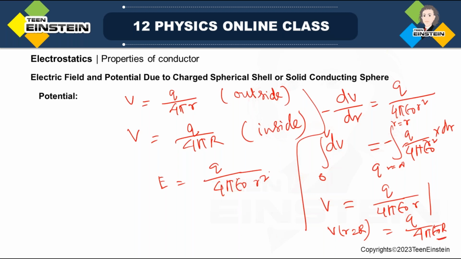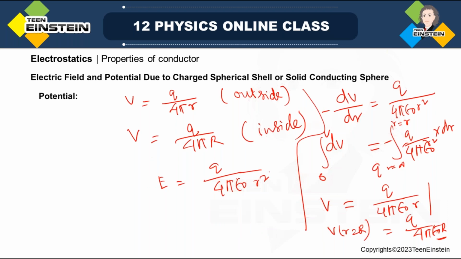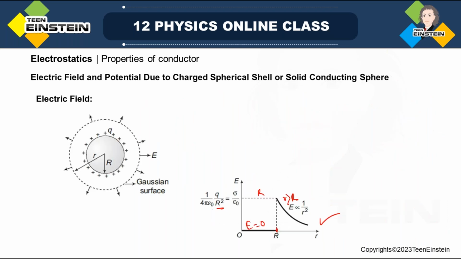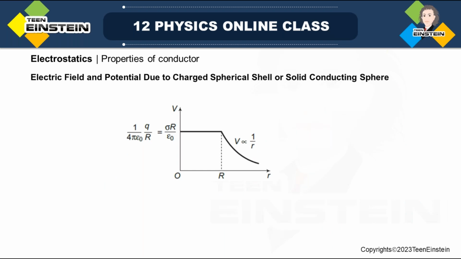So from the center till the surface, we have seen the electric field. Now we'll see electric potential. This is Q by 4 pi epsilon naught R, the surface potential. This is having some value.